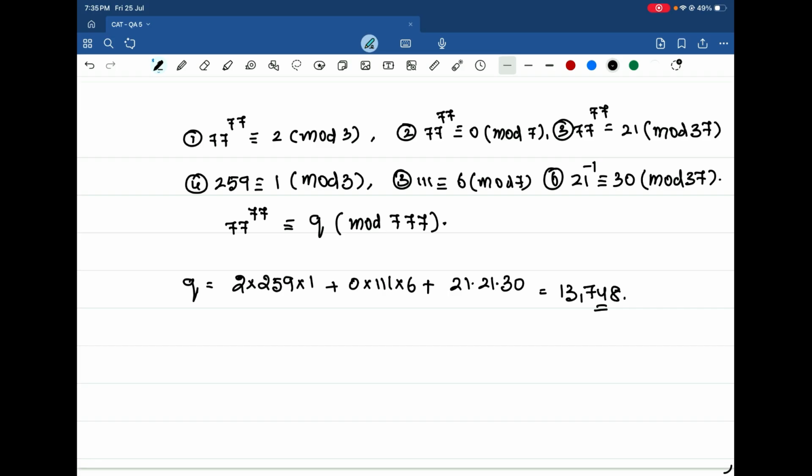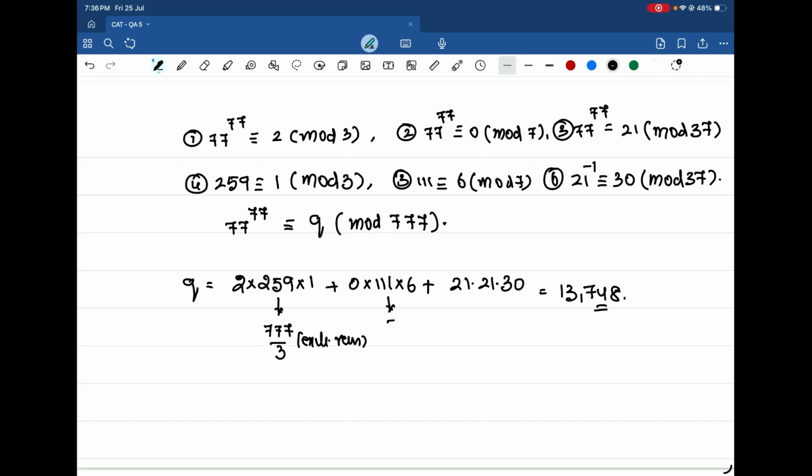Because when 777 is divided by 3, this value is 777 by 3, excluding the remainder.